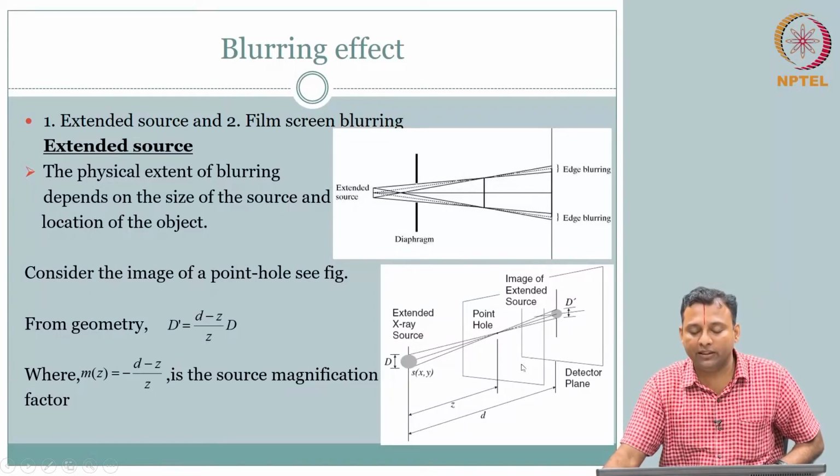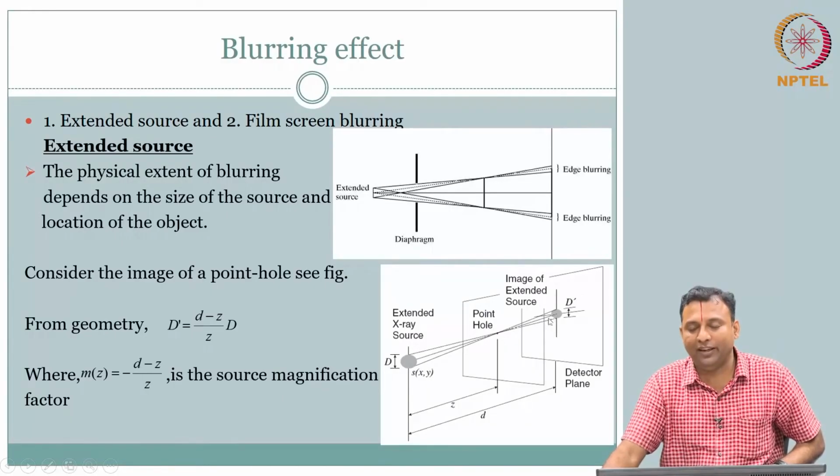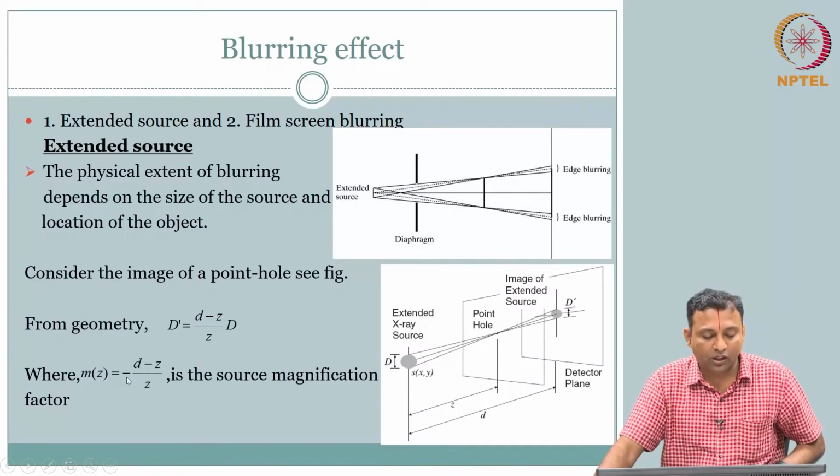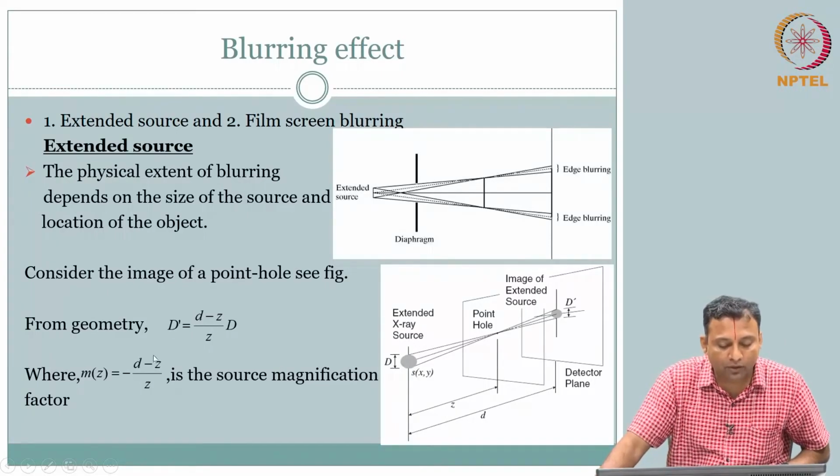The object is supposed to be a point, but it is magnified, and that magnification is because of the source. That is why it is called source magnification. So your D dashed is (D minus Z) by Z of this capital D, so your source magnification factor is minus of this.